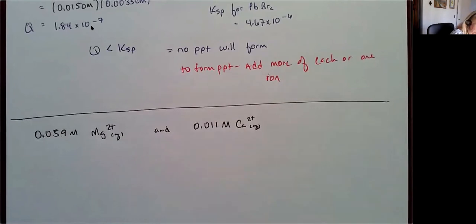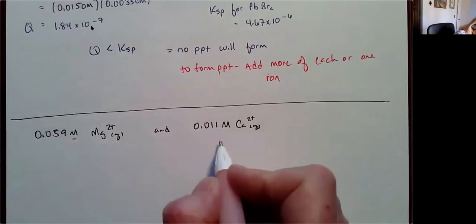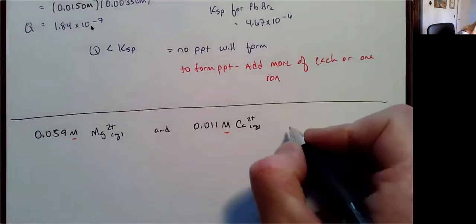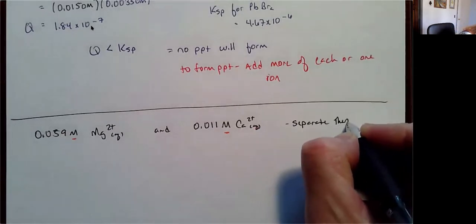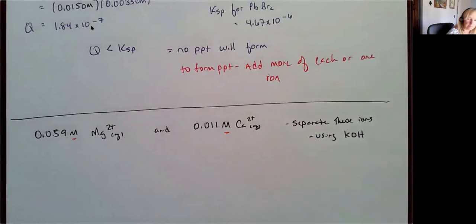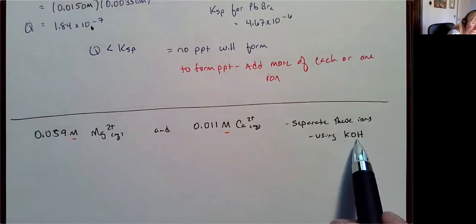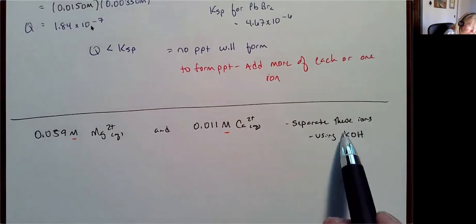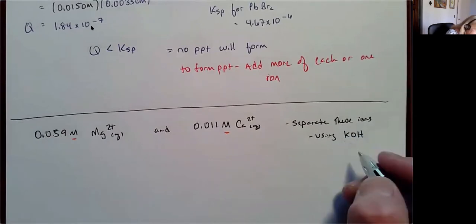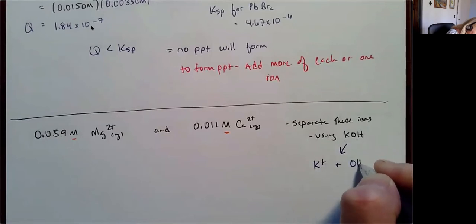By definition, giving these molarities implies that these are in solution, and I want to separate these ions, and I'm going to use potassium hydroxide. What I know about potassium hydroxide is that it's going to be soluble, so when I drop this into the solution, it's going to separate into potassium ions and hydroxide ions.